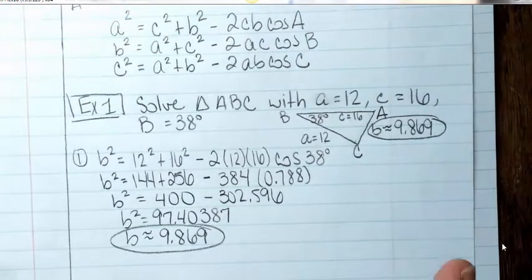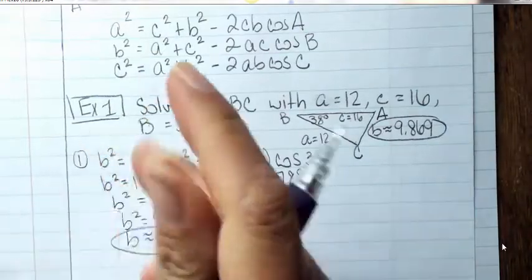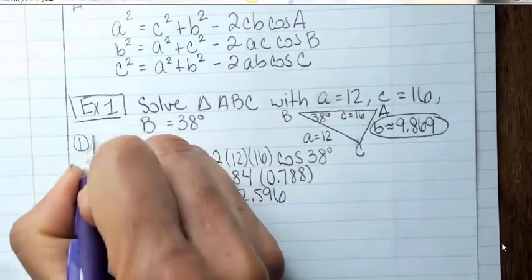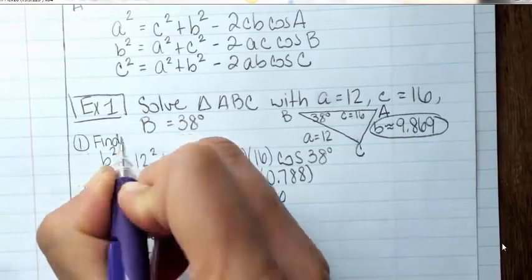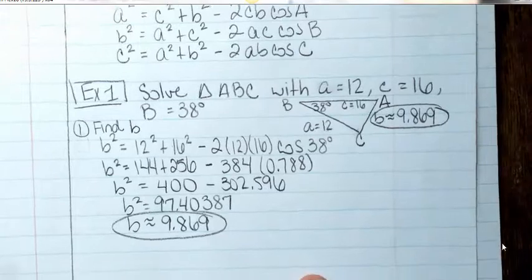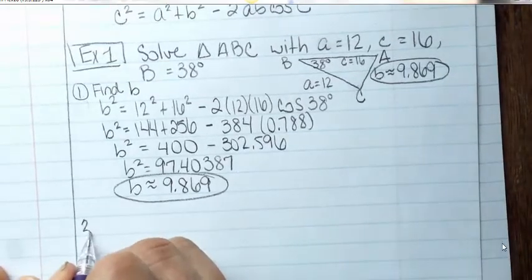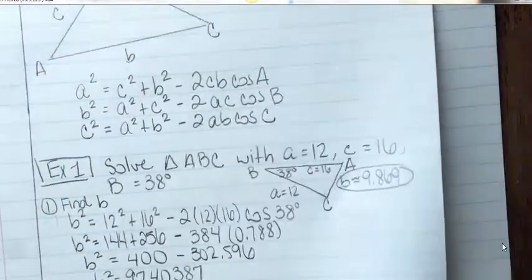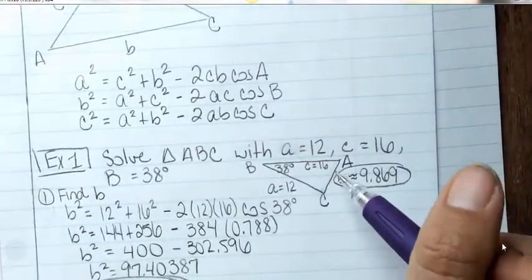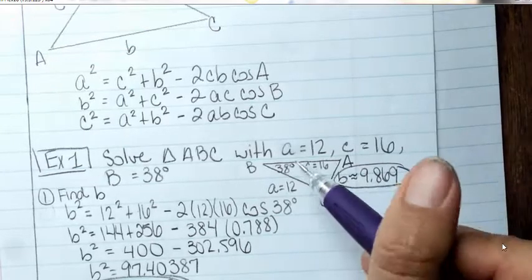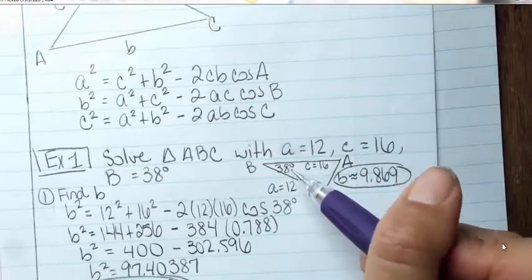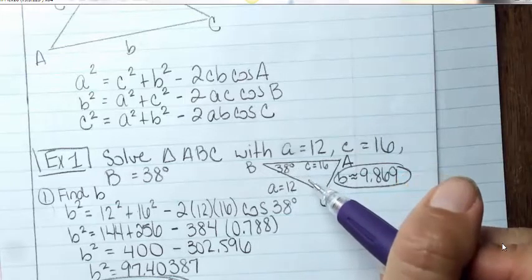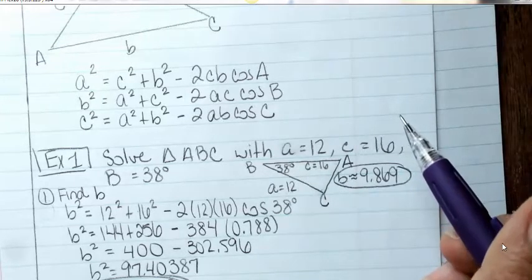Okay, so that was the first thing I did. So actually, why don't I go ahead and write little steps here. My first step was I found my last missing side, so find B. All right, second thing. When we look at all of our sides, right here, this is our smallest side. Well, we already have the smallest angle. And as I do this, I'm going to continue to find the next smallest angle, so that the last thing I find is my largest angle.